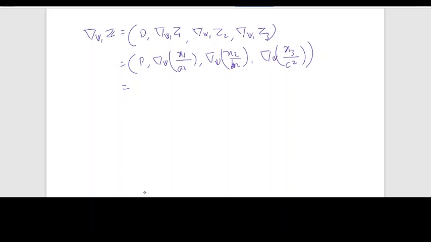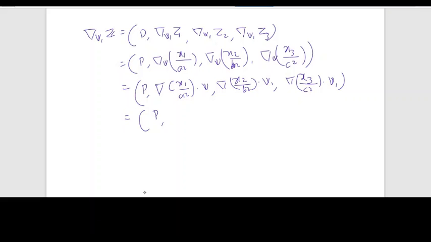So that is equal to p (del of x1 by a square into v1, del of x2 by b square into v1, del of x3 by c square into v1). What is del of x1 by a square?